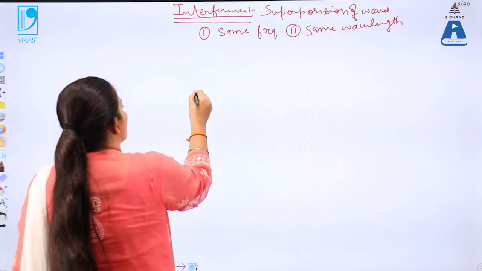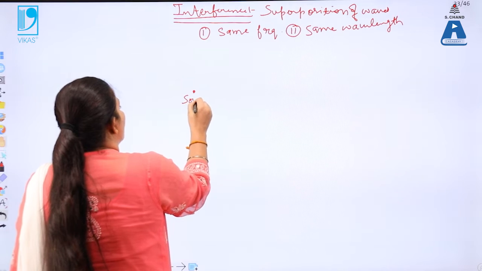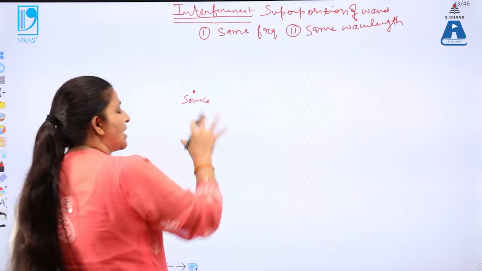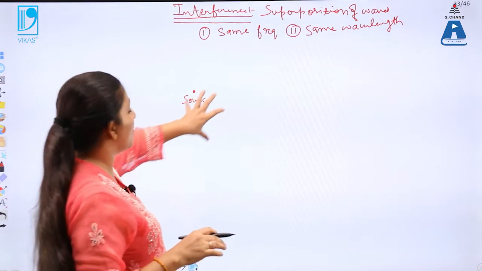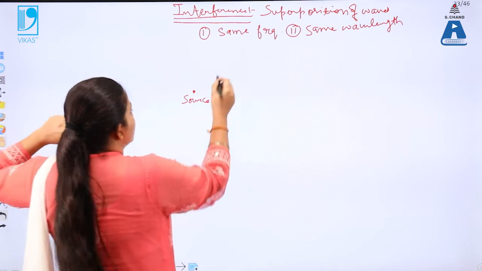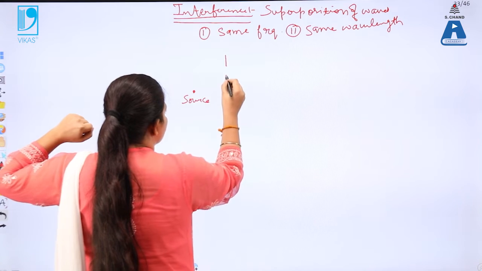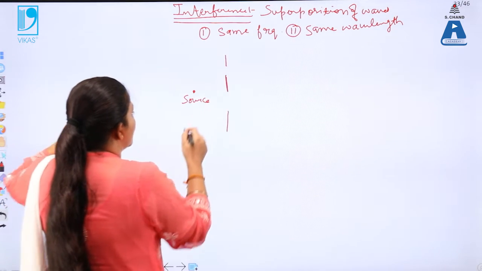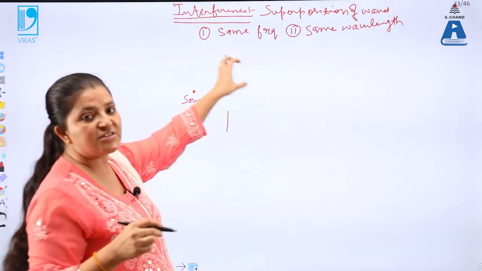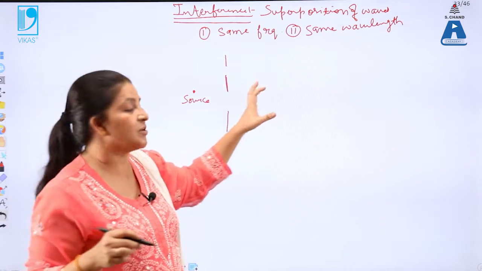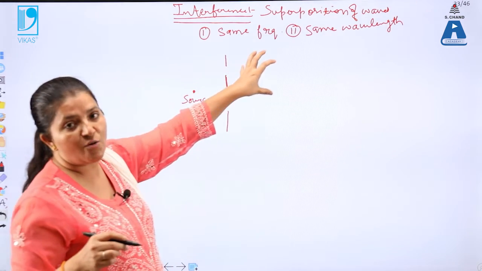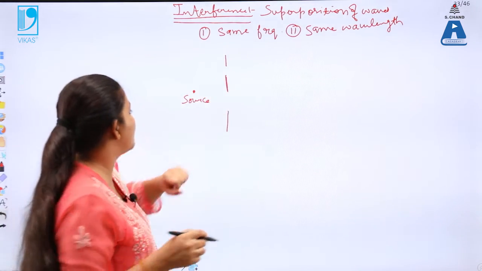Now if this is a source S, it will spread the light in the form of a sphere over here. Now place two slits in front of this source. When the two slits are present, the wavelets travel from the source in the forward direction. The light travels in the form of wavefronts.